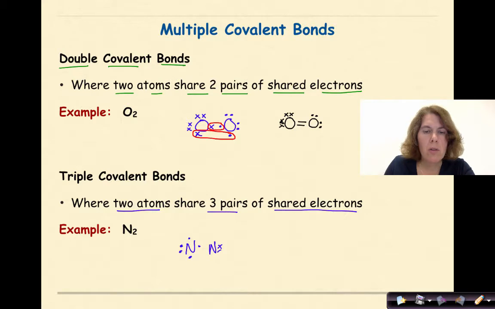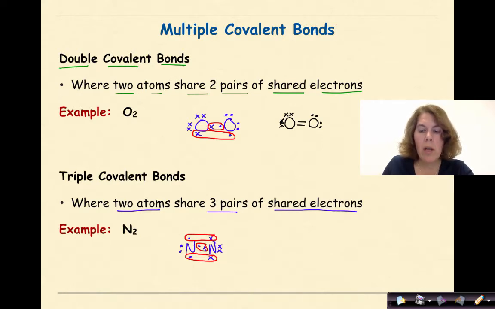So 1, 2, 3, 4, 5. And again, I'm going to pair these up. So this is a shared pair, that's a shared pair, and that is a shared pair. So we have 3 pairs of electrons between these 2 nitrogen atoms for a total of 6 electrons shared.